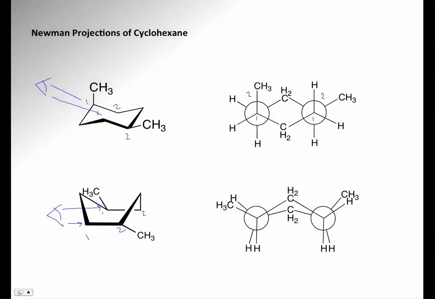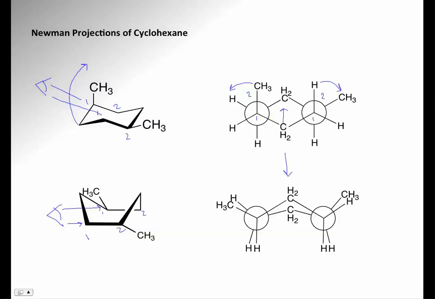If we remember how to get from a boat conformation to a chair conformation, we take this flap and rotate it up. You're taking this carbon and rotating it in an upward position, and that rotates this carbon this direction, and this hydrogen this direction, giving us this structure down here.